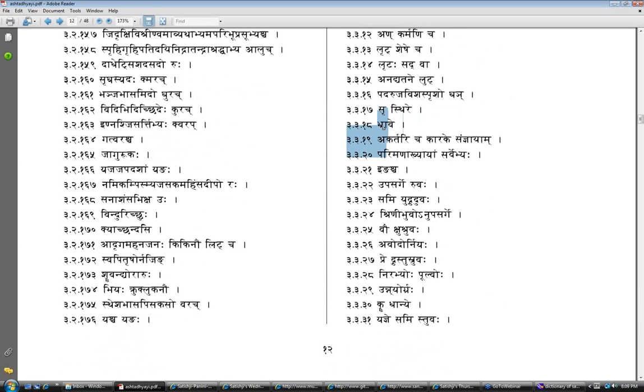This bhave, it can either be in the abstract noun, or it can be akartri cha karake sanyayam, in any karaka except kartari. When you take a word like aharaha, ahara, from ahru, means to intake, to take in. Ahara means intake or food, so ahara cannot be the one who's taking in. It can be that from which you take in, that in which you take in.